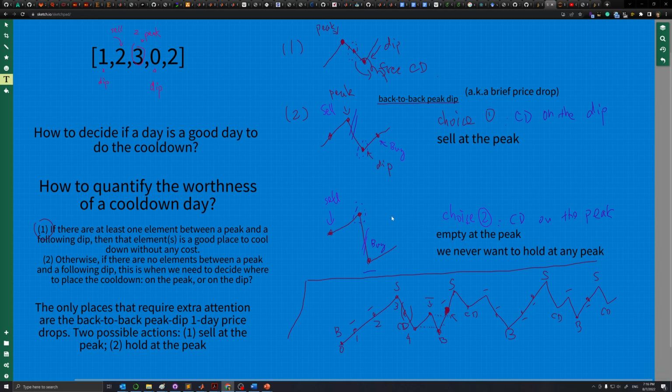You either sell it before the peak or you sell it at the peak. But I don't know how I can rule it out. So let's just say hold at a peak. Is that still an option? Hold at the peak, empty at the peak. Oh wait, didn't we just say cooldown on the peak?